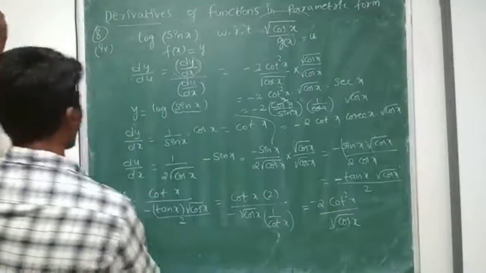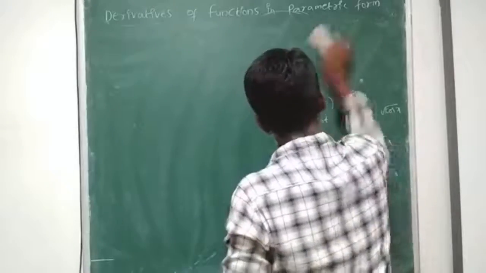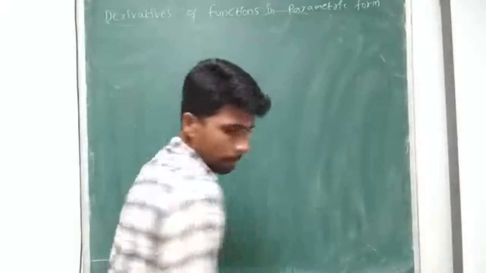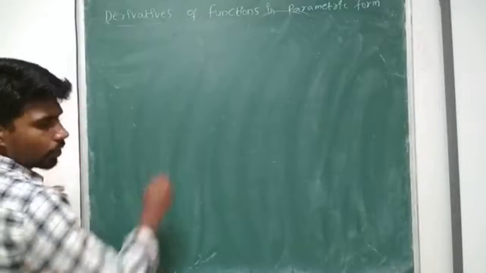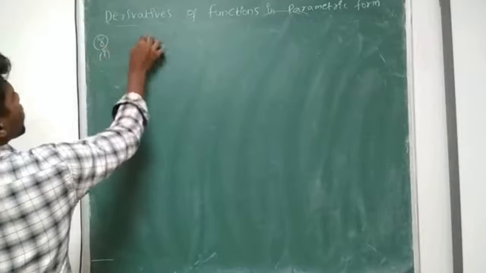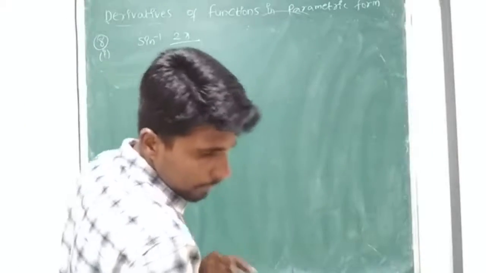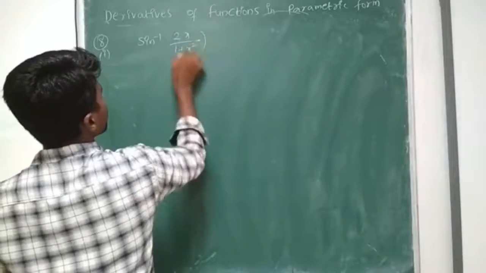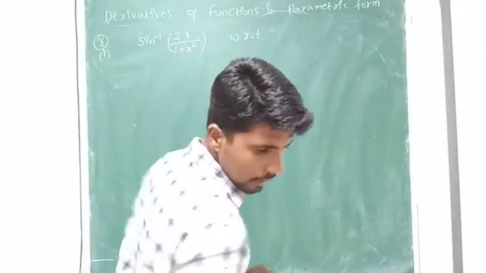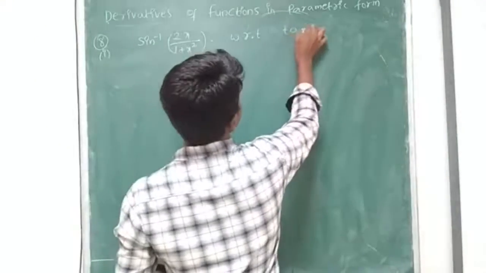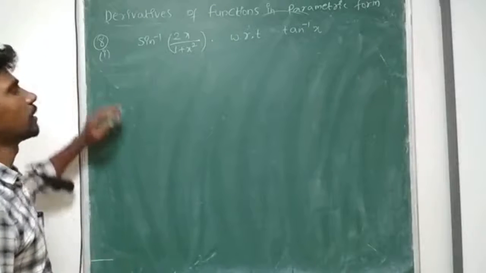Differentiate sin inverse of 2x by 1 plus x square with respect to tan inverse x.